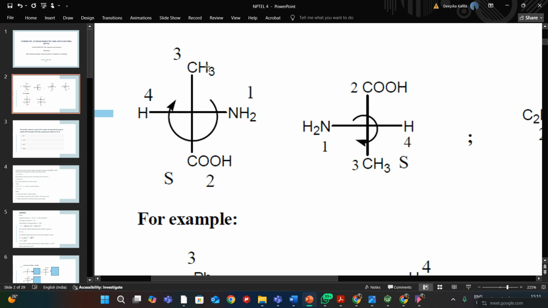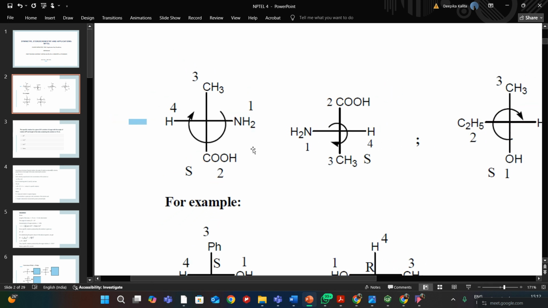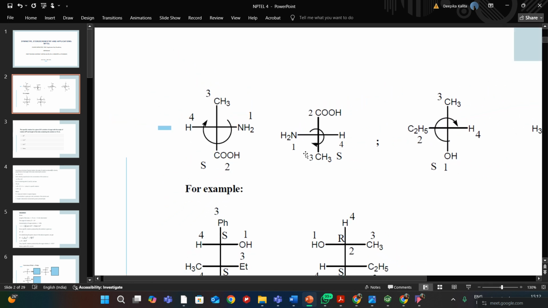Hence, it will not be R, but it will be assigned as S. So, I hope the concepts have been brushed again now. So, in the further examples, we will not be covering the concepts very deeply, okay?